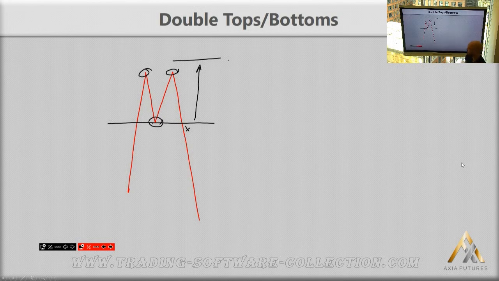Now, I showed you that example this morning, but this is where you can start using your candlesticks, the individual ones, to perhaps give you the opportunity to get in here with a tight stop. The other way to do it is you just go for the super aggressive double top play, and you go, right, that's a recent high. I'm going to sell it there on the recent high.